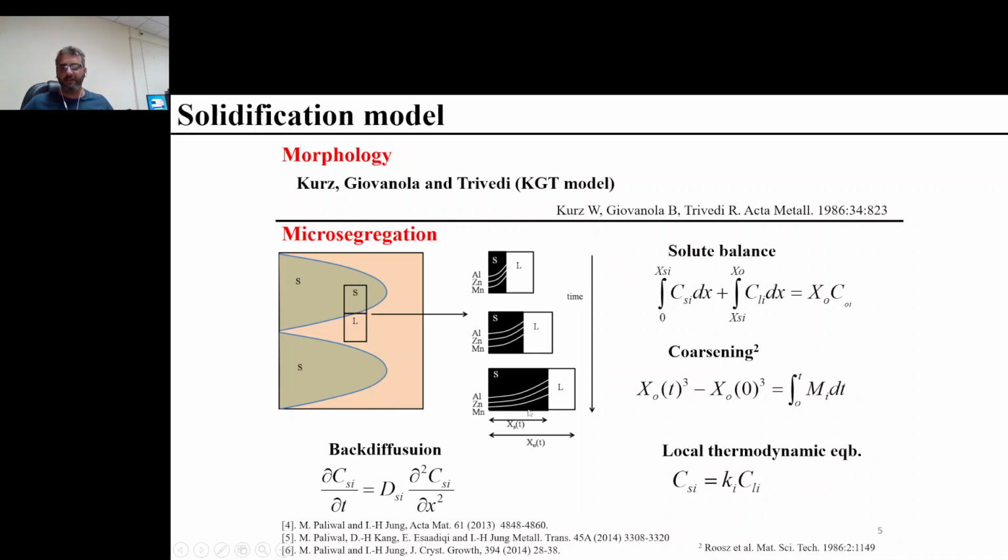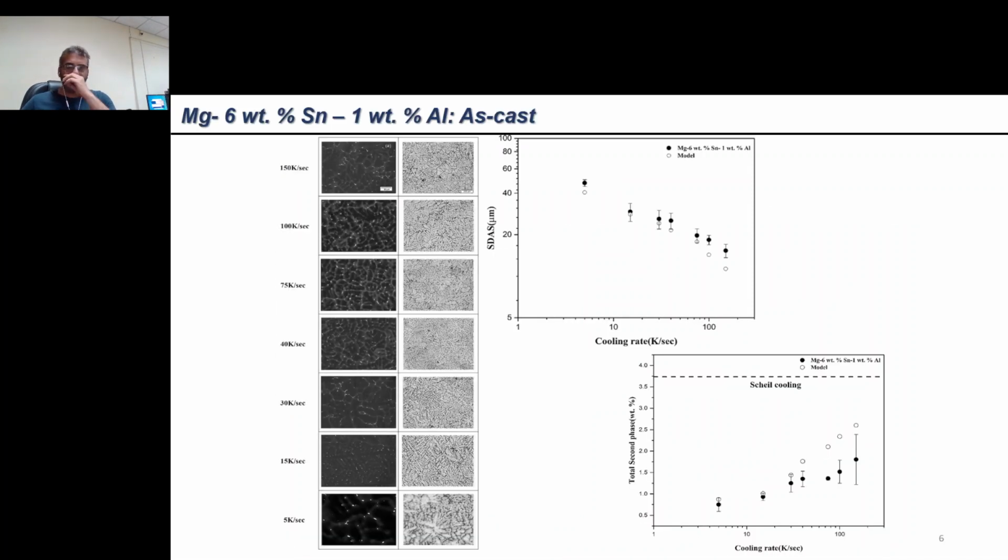And to show you the results, this is the as-cast microstructure variation with respect to cooling rate. We extracted the secondary arm spacing from the microstructure and the total second phase fraction, and we set up the model according to the conditions that we observed during the casting, and we calculated the secondary arm spacing variation with cooling rate and the total second phase fraction variation with cooling rate as well.